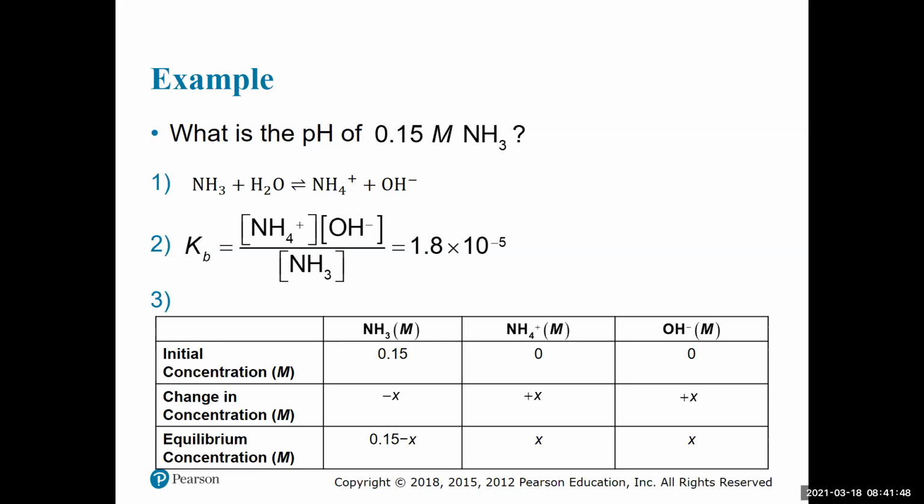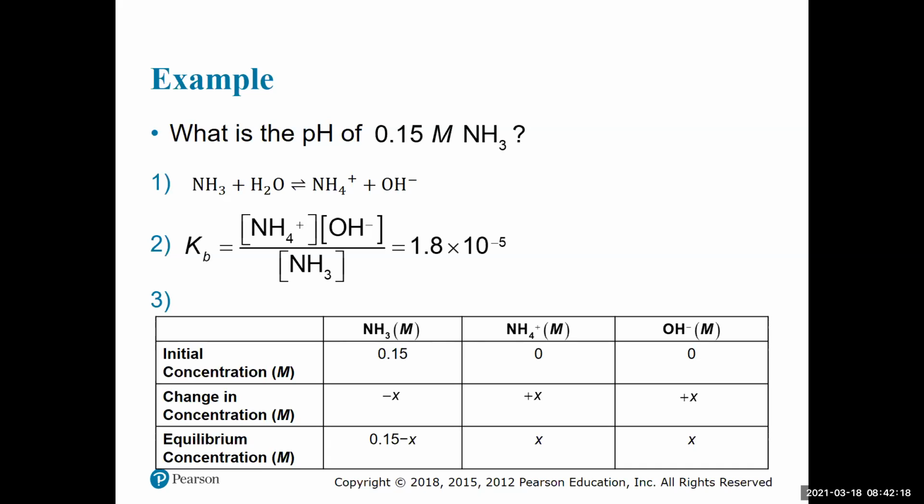So we have ammonium ion times hydroxide ion divided by ammonia. And so that equals our Kb value, which we're told is 1.8 times 10 to the minus fifth. So those first two steps, writing the dissociation equation out and then the equilibrium expression, are the same approach as what we did with the weak acids.